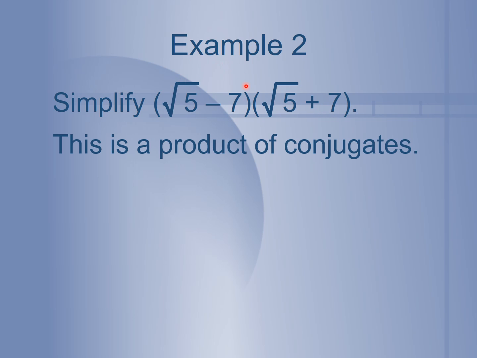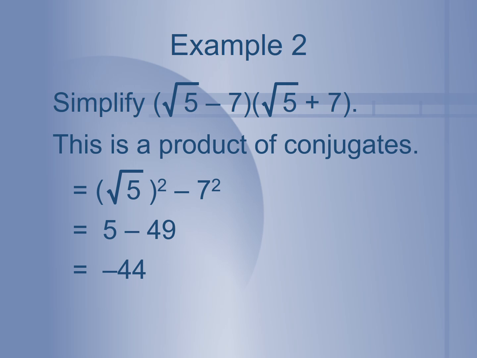Notice that the terms are the same. And so when you have a product of conjugates, the square root of 5 squared, and then you have 7 squared. So I have 5 minus 49, and 5 minus 49 is negative 44.